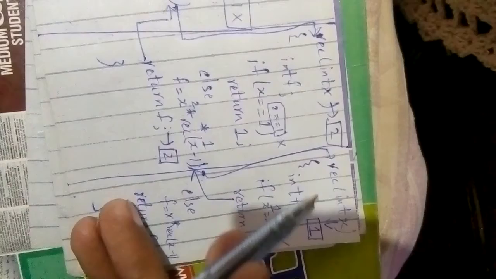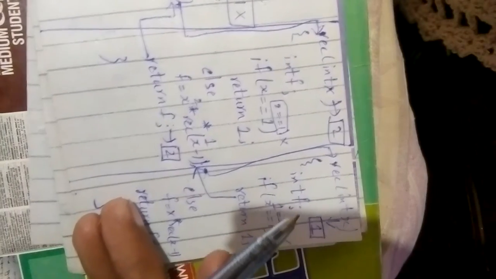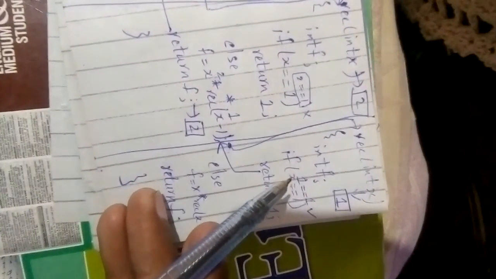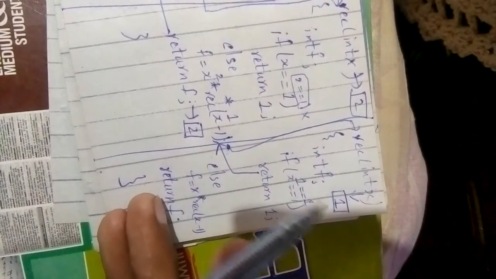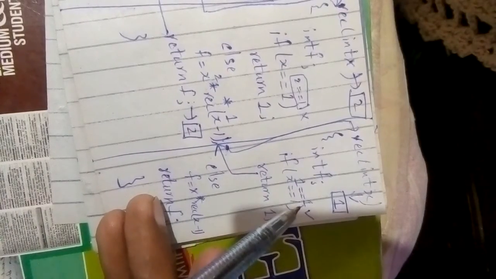As it goes here, the x value is 1. Then we compare if x is equal to 1, so here 1 is equal to 1.